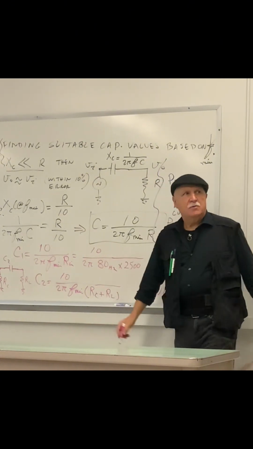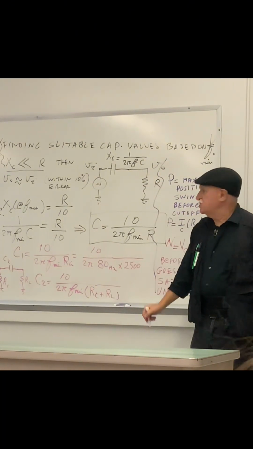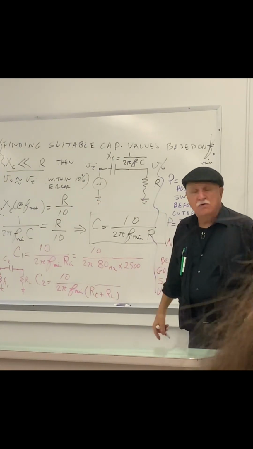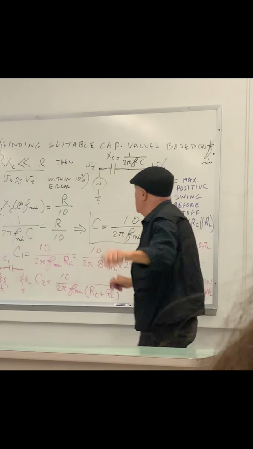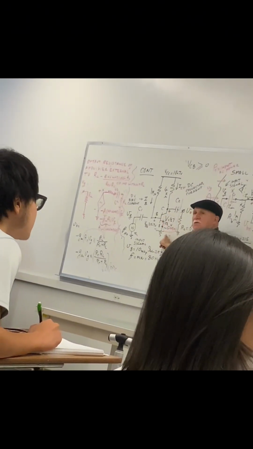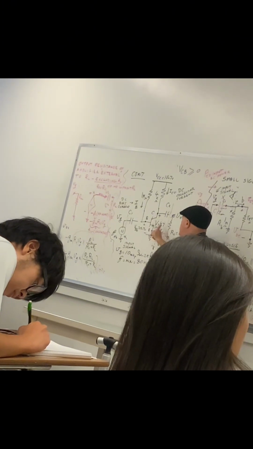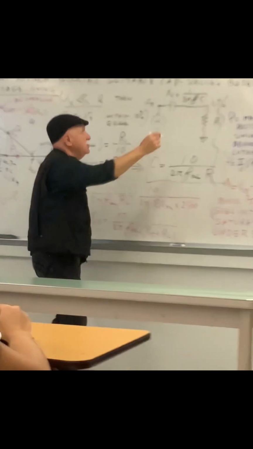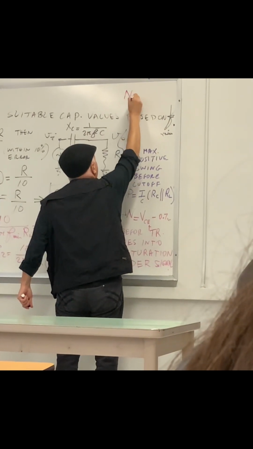That's it. Now you can imagine what is your P and N for our circuit. Very quickly. This was 4.7. That's VC. Minus 0.7, 4 volt. So your negative swing, our N is 4 peak.